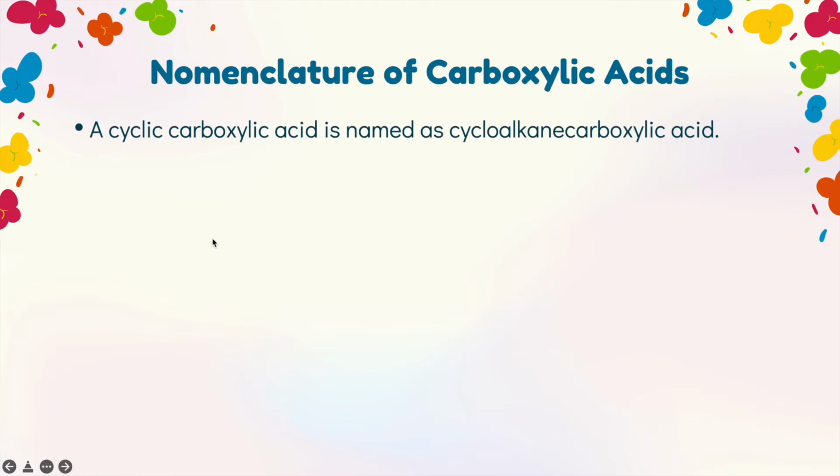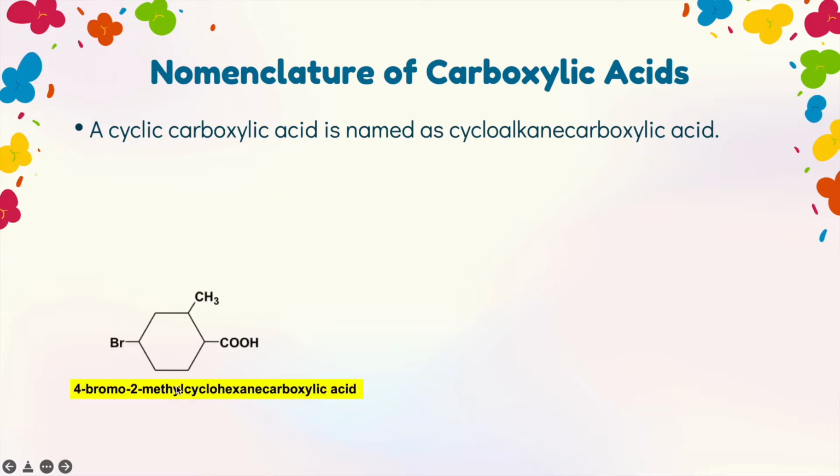A cyclic carboxylic acid is named as cycloalkane carboxylic acid. For example, here a cyclic ring attached to COOH, so the name is cyclohexane carboxylic acid. Hexane because there are 6 carbons in this cyclic ring. And this must be number 1.